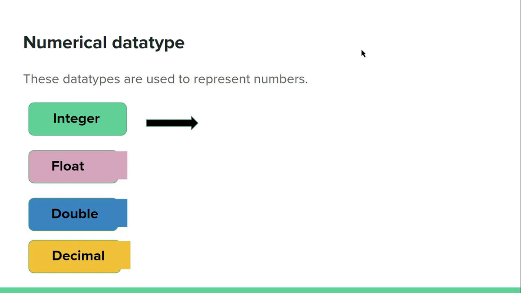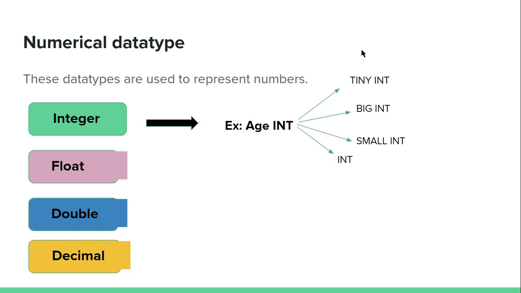The syntax for representing it is age int, where age is a column and int is a data type. Integer can be further represented as tinyint, bigint, smallint and the range can be given as 0 to 255. It can be a positive or a negative number.